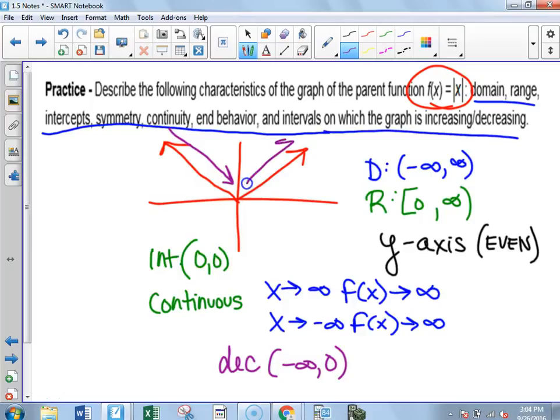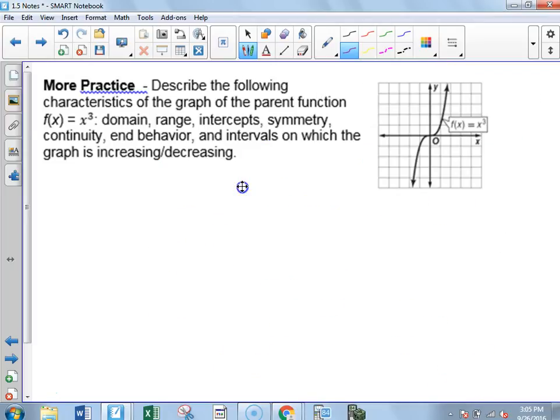Then what happens? It is increasing from 0 to the right, or 0 to infinity. This just means the left of 0, it is decreasing, and to the right of 0, it's increasing. But it's x intervals. Okay? It's not very helpful on that graph because the y intervals are kind of doing the same thing.